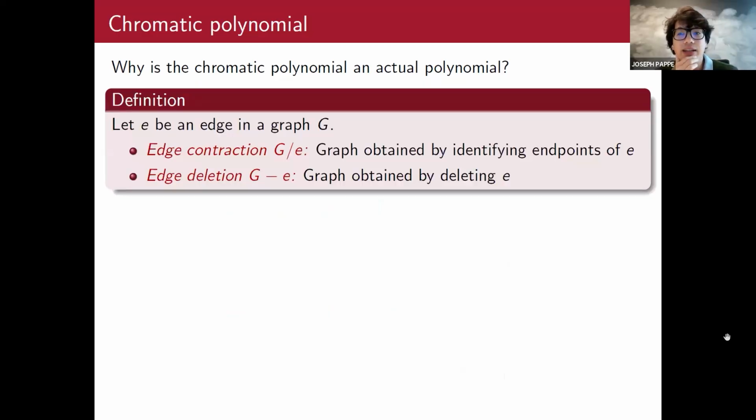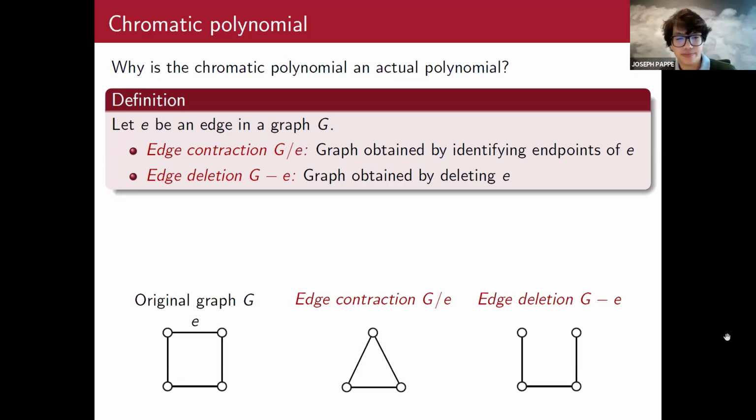To do this, I need to define two notions. One is this notion of an edge contraction, and one is this notion of an edge deletion. Given an edge in our graph, we say that we can contract the edge if we identify the endpoints of the edge together, and we delete the edge by just removing the edge.